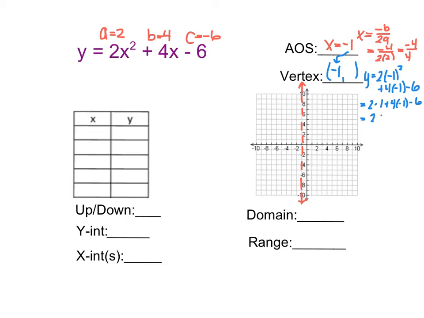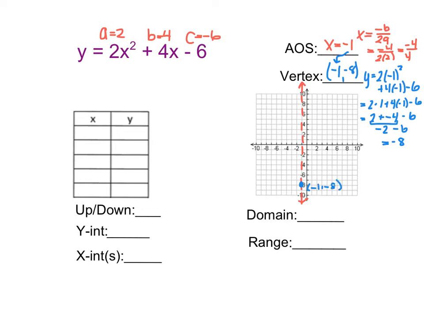So I have 2 plus negative 4 minus 6. Well, those two added together give me a negative 2. Negative 2 minus 6 gives me a negative 8. So I can see from here that my vertex point is going to be at negative 1 comma negative 8. So I can see my vertex point there.